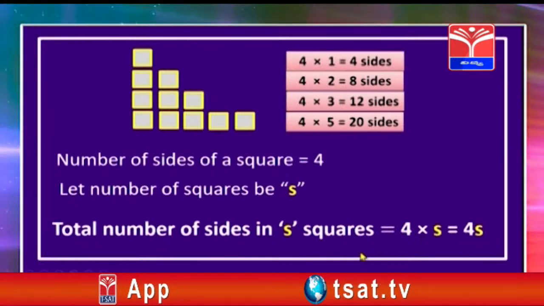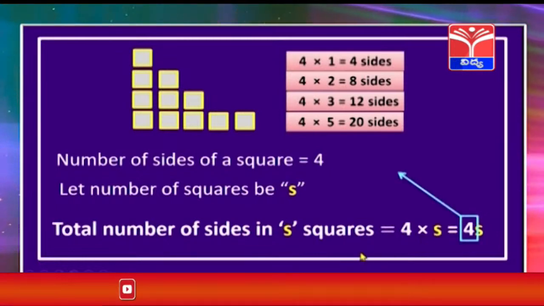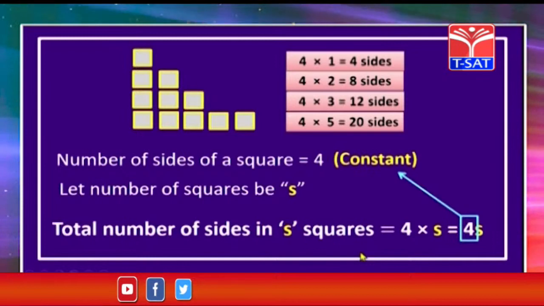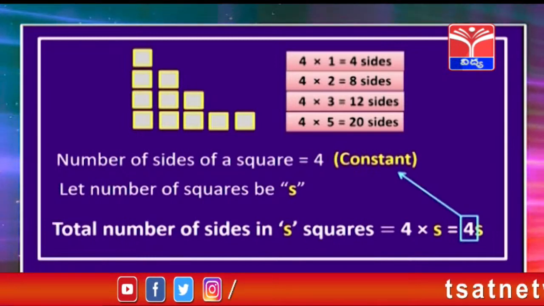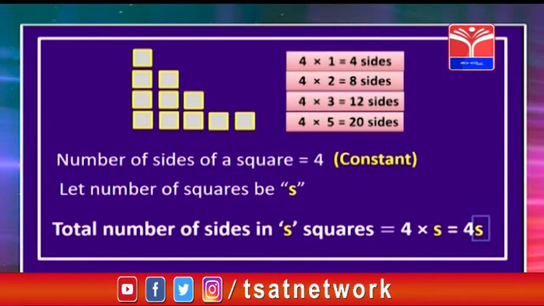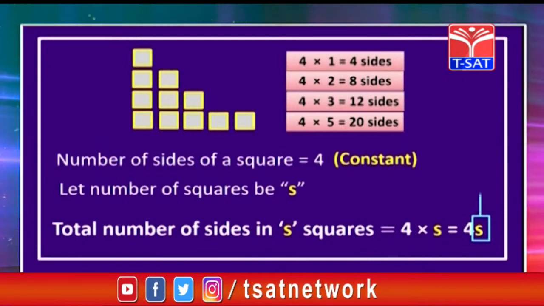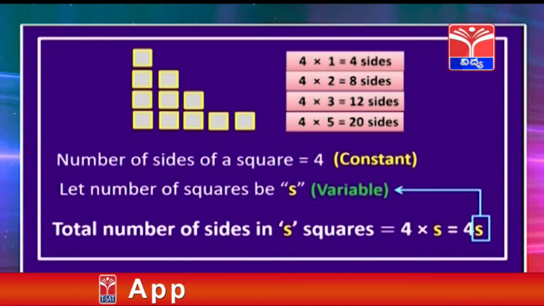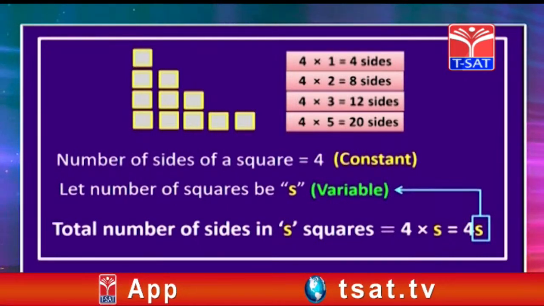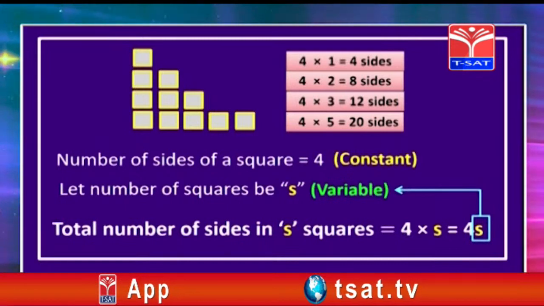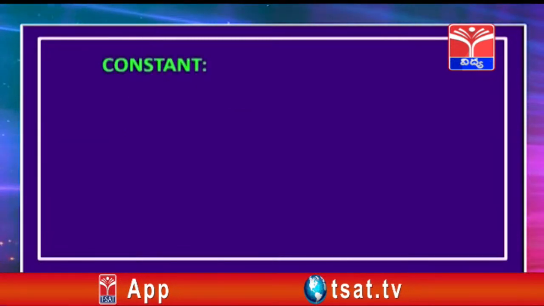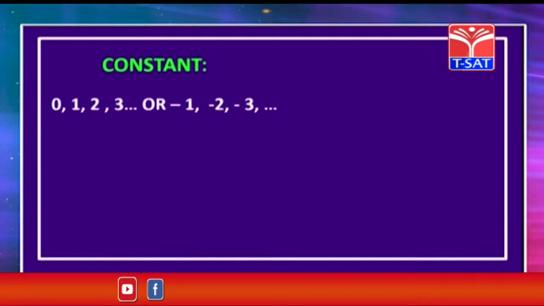write it as 4s. Now in this 4s, this 4 is called a constant. Understood, children? Here 4 is a constant. Whereas if you consider s, it is called a variable. Now what is actually a constant and variable? Let us see, children. So a constant is a quantity whose value is fixed, children.